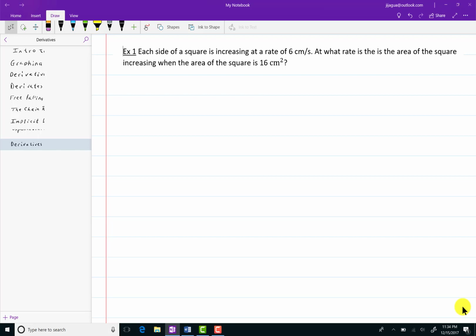Let's see what it is. If you have a square, let me just draw a picture of it. Then you generally would label it something like x by x. And we're speaking of the area of a square. The area of a square is simply x squared.